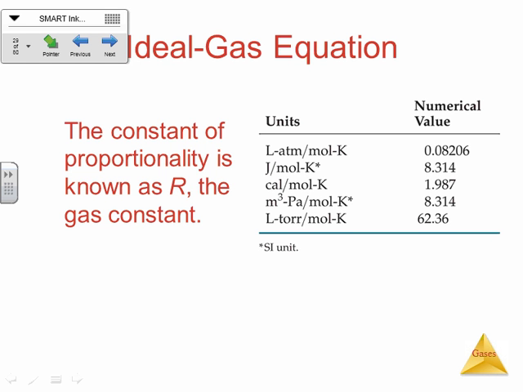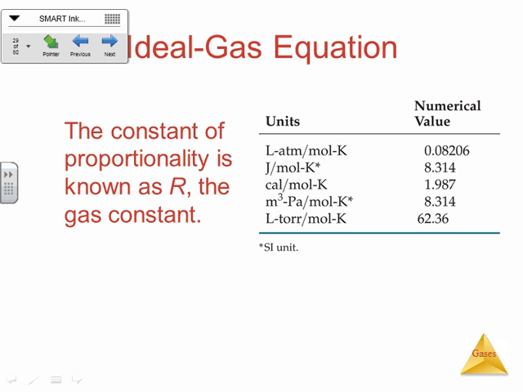Okay, yeah, I would assume it gives you the liters times atmospheres over mole times Kelvin, the joule over mole times Kelvin, and then does it give you the torr? Yep. Okay, so these three right here, the top two and the bottom one are the values for R that they're going to give you on the AP exam. So you don't have to remember that, you just need to know how to use it. And notice, the thing that's different on these R's is the unit of pressure.